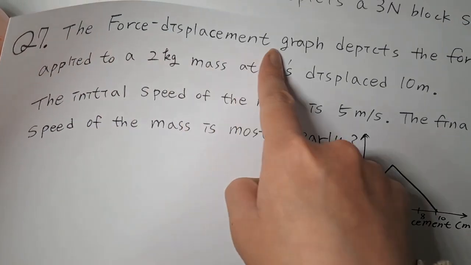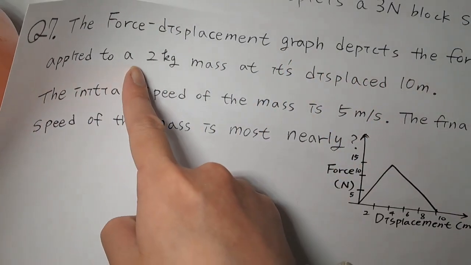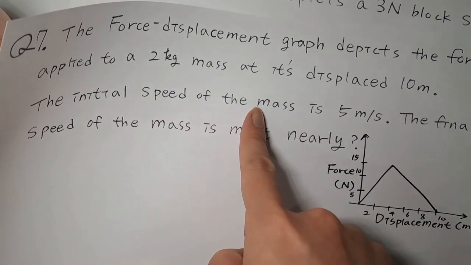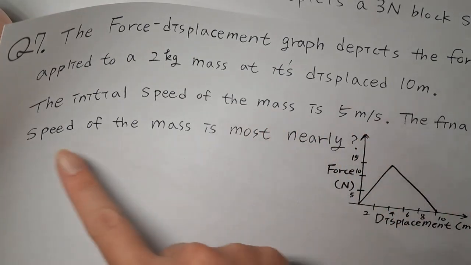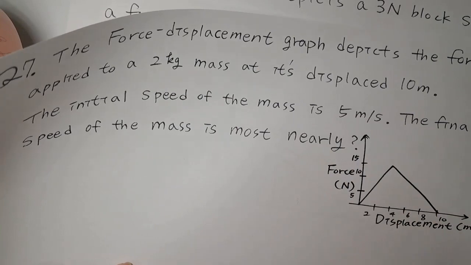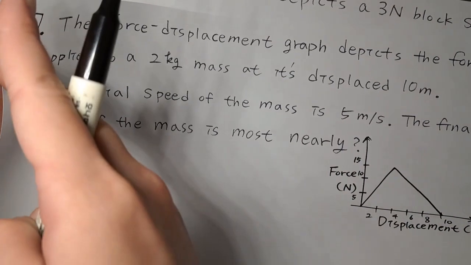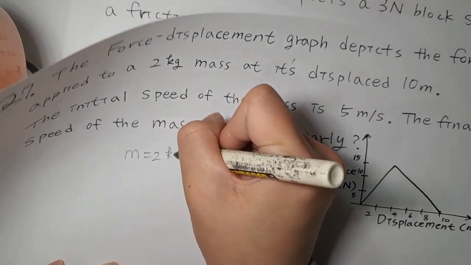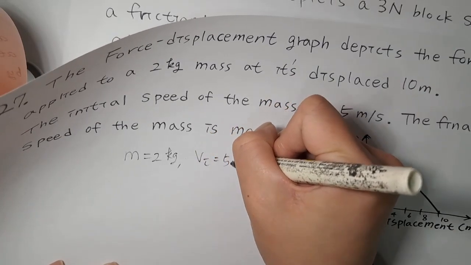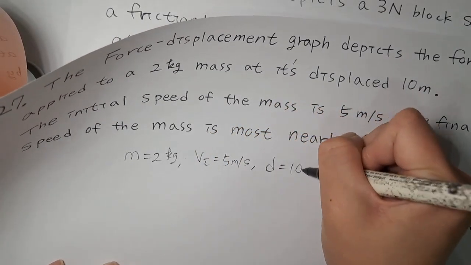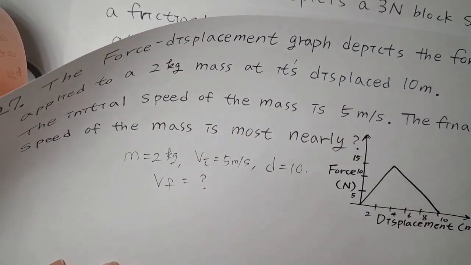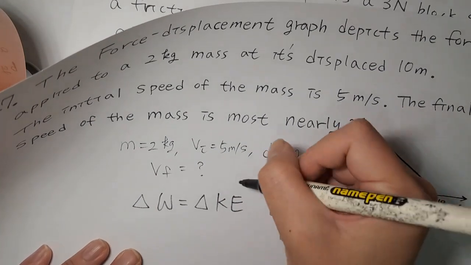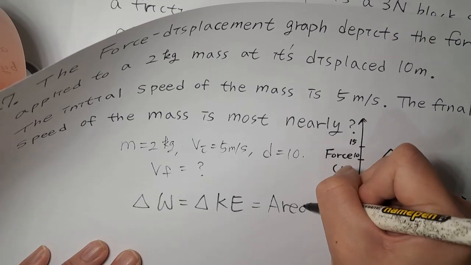The force displacement graph depicts the force applied to a 2 kilogram mass as it's displaced 10 meters. The initial speed of the mass is 5 meters per second. The final speed of the mass is most nearly... So work is equal to this, and this is going to be the area of this graph.